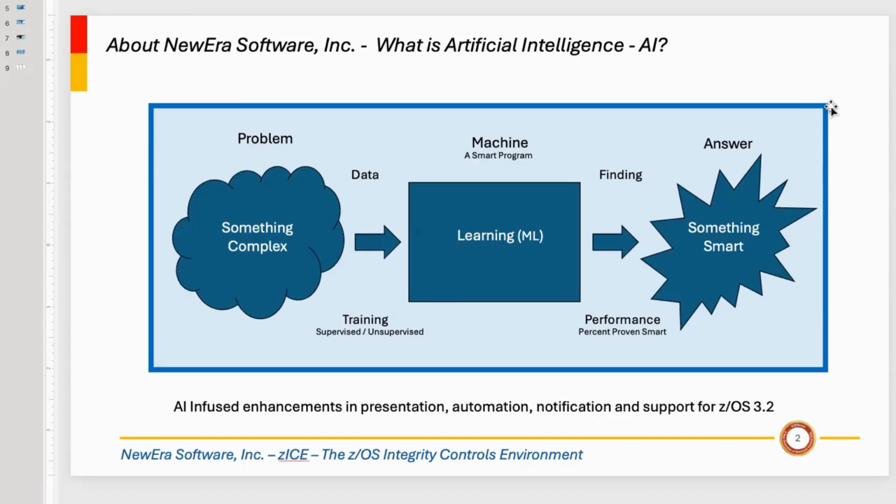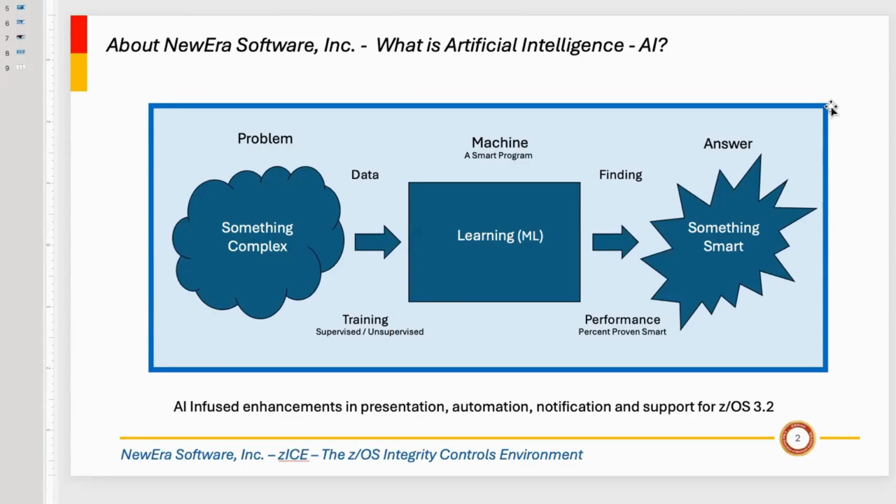approach 100%. So in summary here, what we're trying to do is solve a complex problem. And those problems could be, what is the current state of the running system? What is its configuration? How is it changing over time?